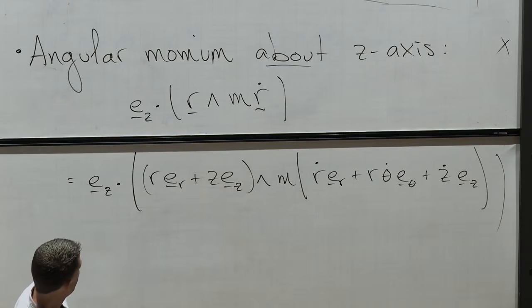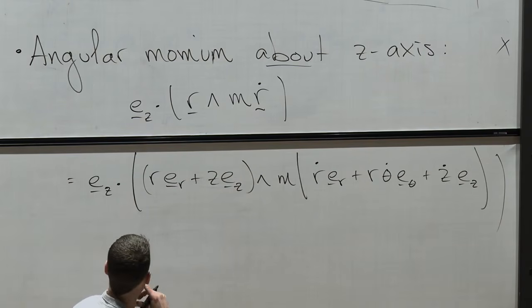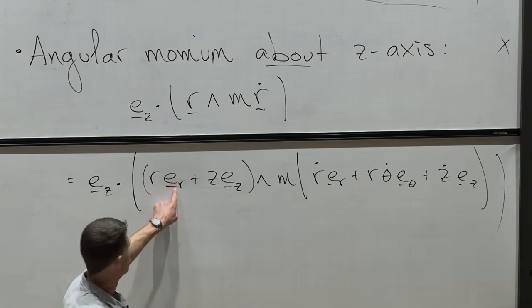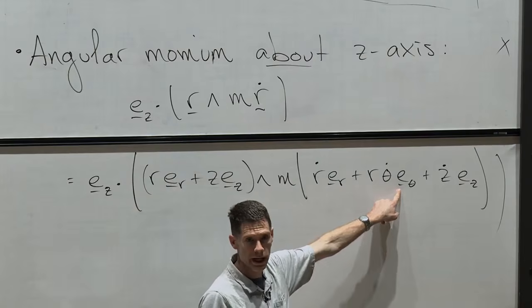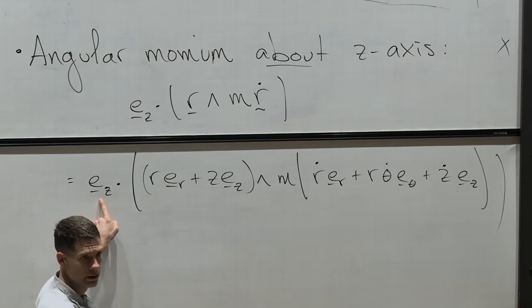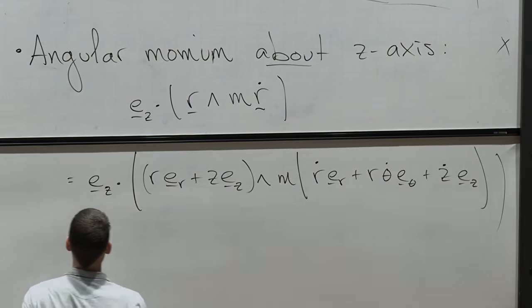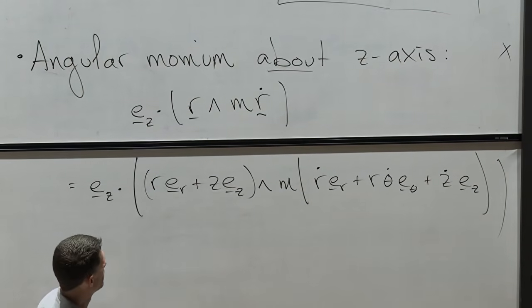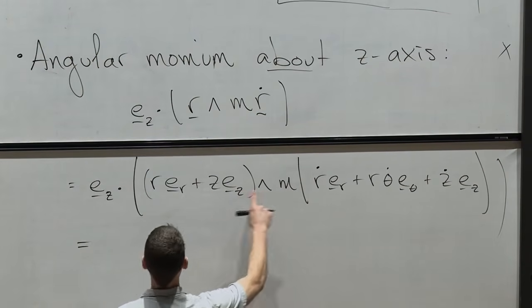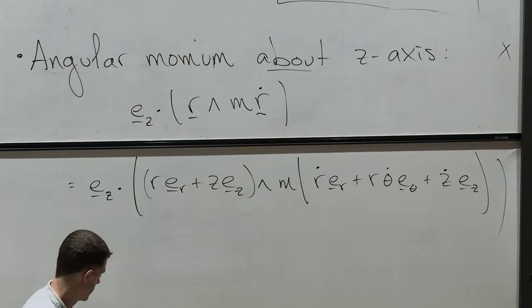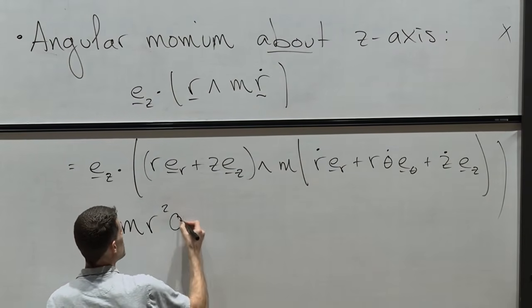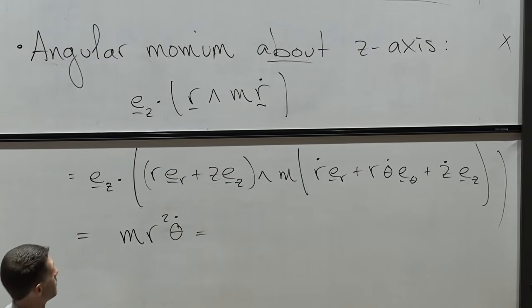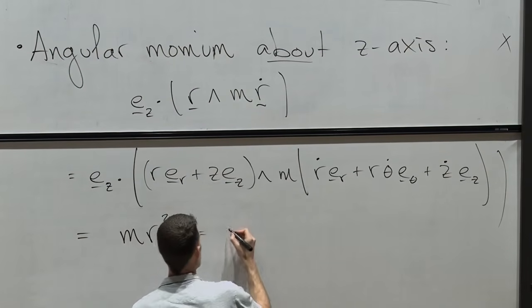The only thing that survives is the er cross e theta, because that gives me an ez, which dots with Ez. So I get m r squared theta dot, or, from what we've just worked out, that's m times h.